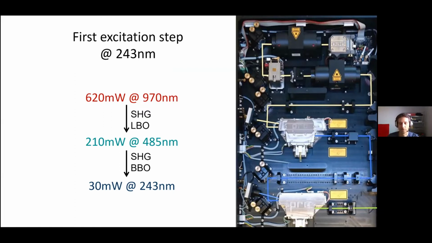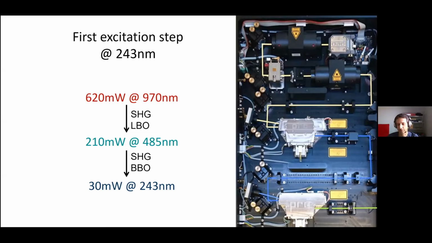The problem that we have there to some extent is due to the walk-off, so it's not perfectly single mode. It's a little bit off, so the M squared parameter is not perfect. So it's a little bit more difficult to couple that into a fiber. We have special UV fibers that we manufactured ourselves, and the coupling efficiency is not super good. That's the main problem that we see there.